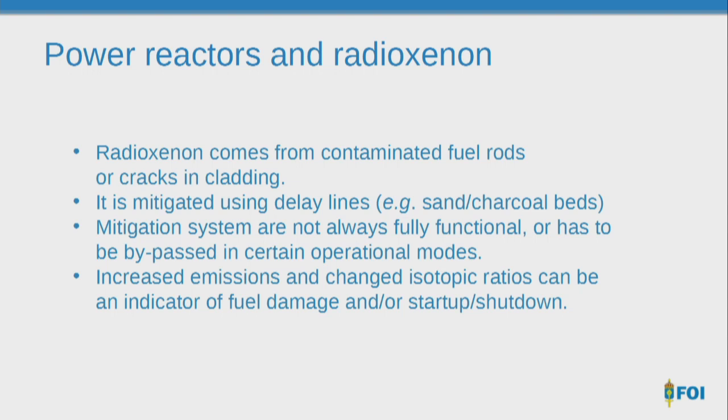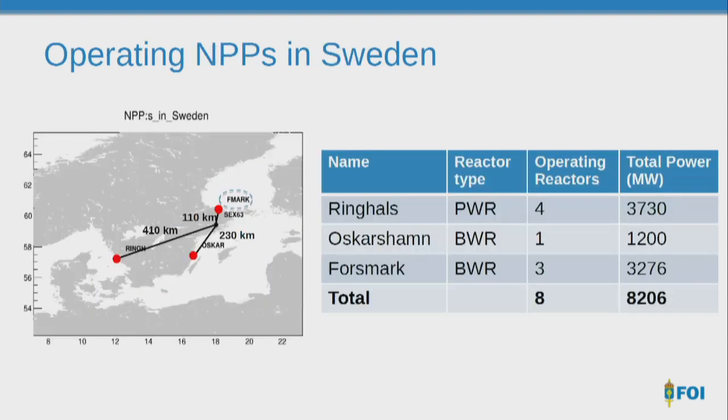But sometimes you can have malfunctions in these, so you get more radioxenon out. And also sometimes in certain operational modes, you have to bypass these delay lines as well. So you can have some releases, for instance, in reactor startup or shutdown.